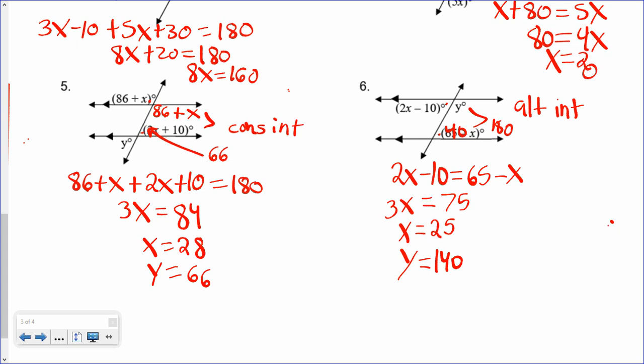So we've already done it. One of the examples? One of the ones you've already done. Pick one you like and re-explain. Number 1 is alternate interior.